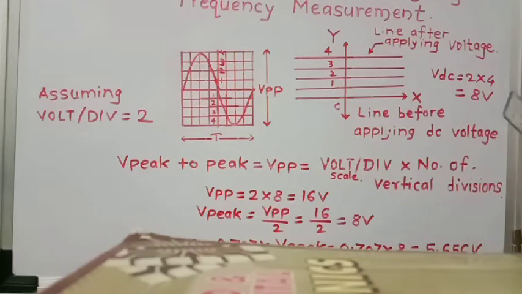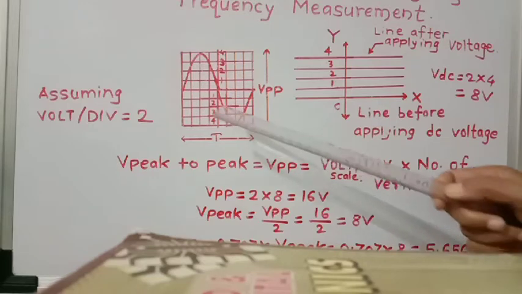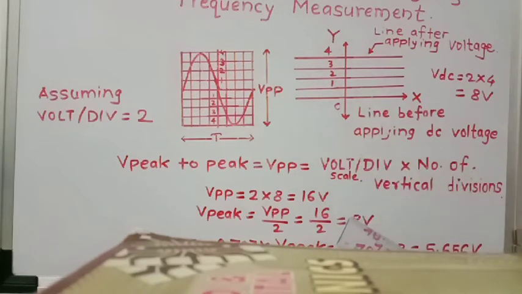Now how to measure DC voltage? Any DC source voltage can be measured by using the cathode ray oscilloscope. The DC voltage is applied to the Y input or vertical input of the CRO, and before applying the DC voltage to the Y input of the CRO, first of all we have to adjust the horizontal line on the x-axis.